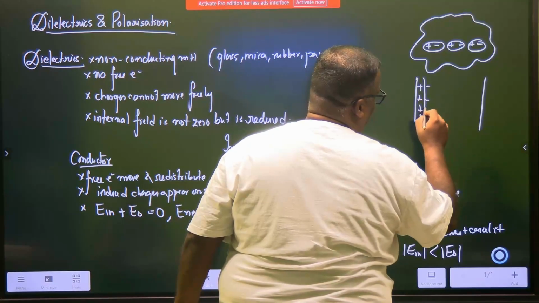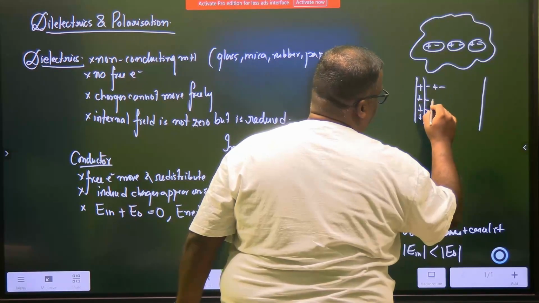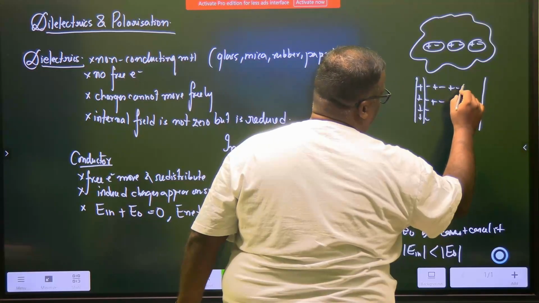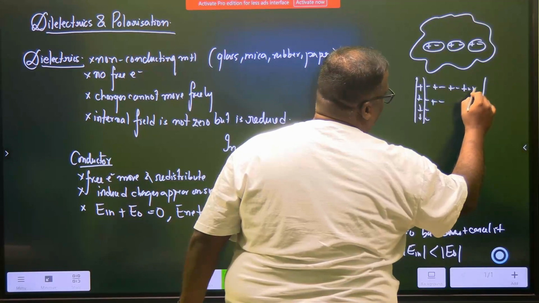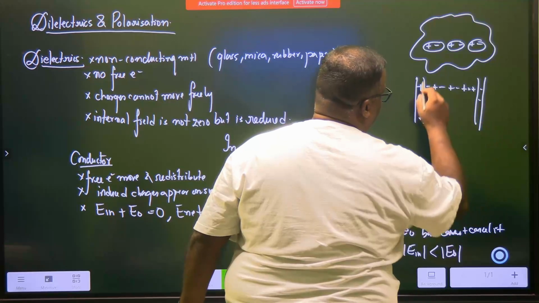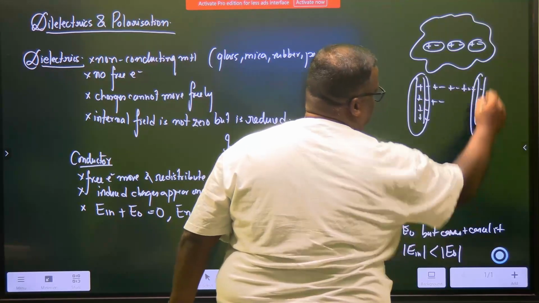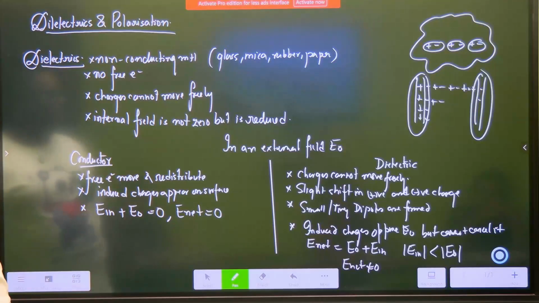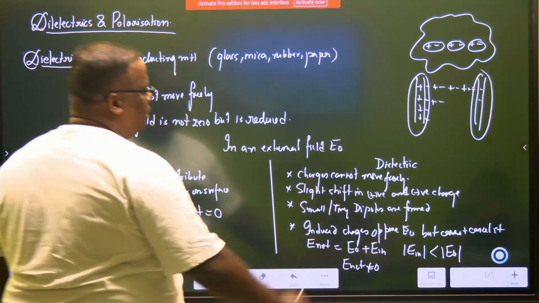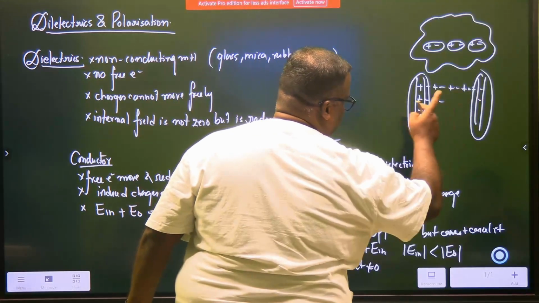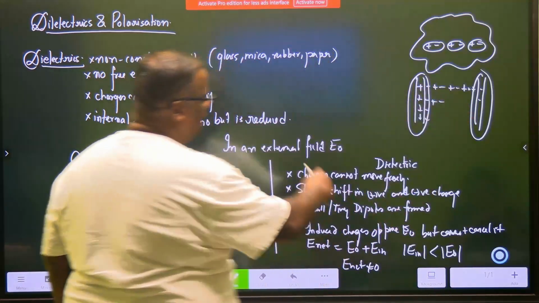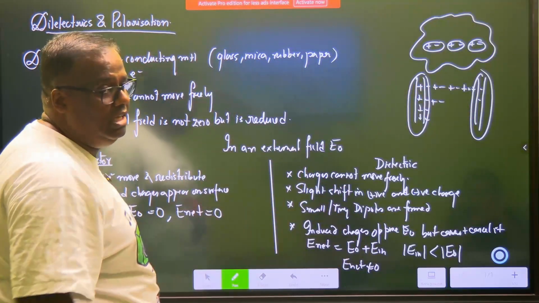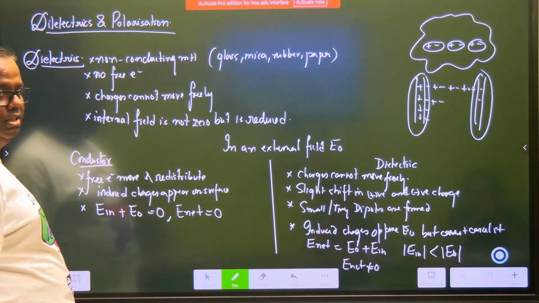This is one dipole, then again one dipole, and again one dipole, and on this other surface minus. So these are called the surface charges. These surface charges are going to induce an electric field, but that will be very small. Therefore these induced charges cannot cancel the external electric field, so there will be an E net in the case of a dielectric.